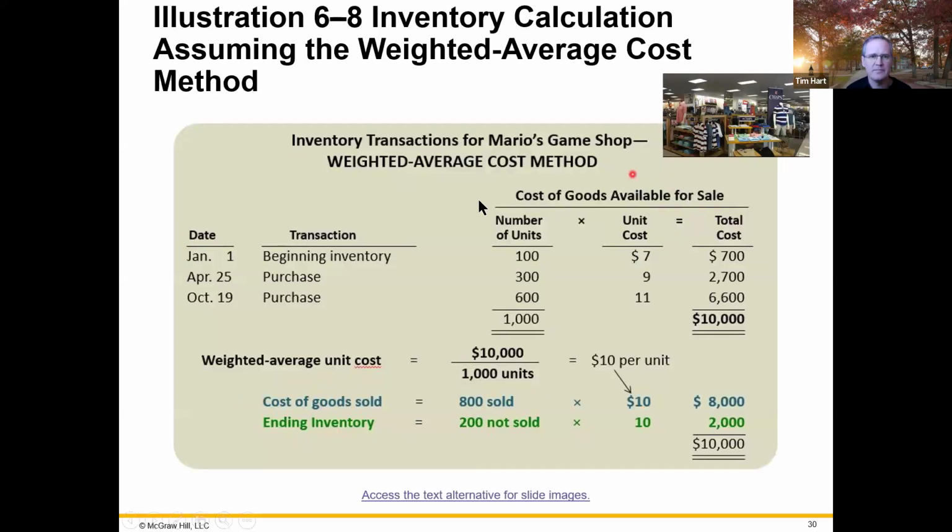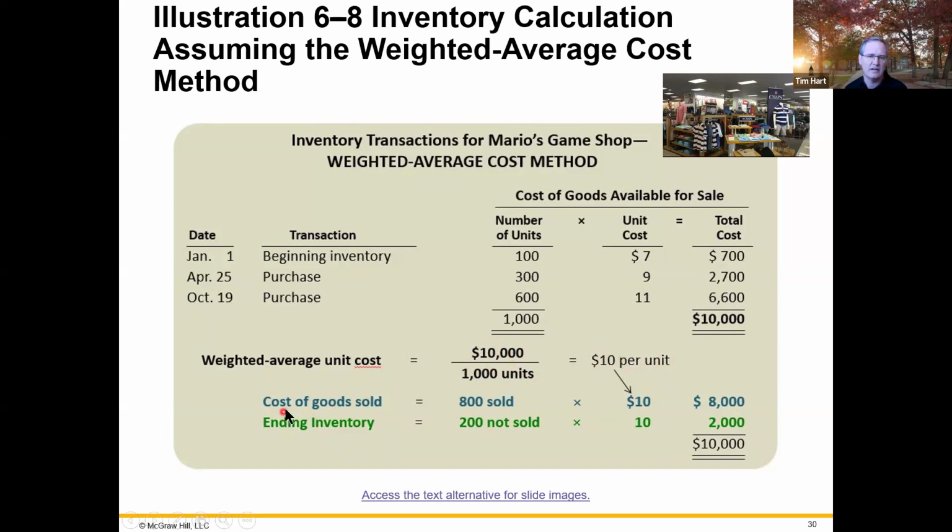Okay, so Mario's method, same purchases, 100, 300, 600, same costs, same cost of goods available for sale, $10,000 or probably $10 million or something. So the weighted average unit cost takes $10,000 as the cost of goods available for sale divided by total units, equaling $10 per unit.